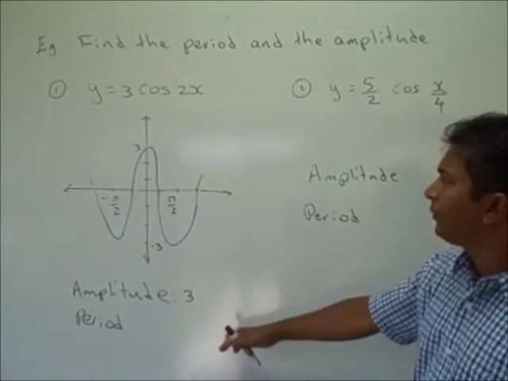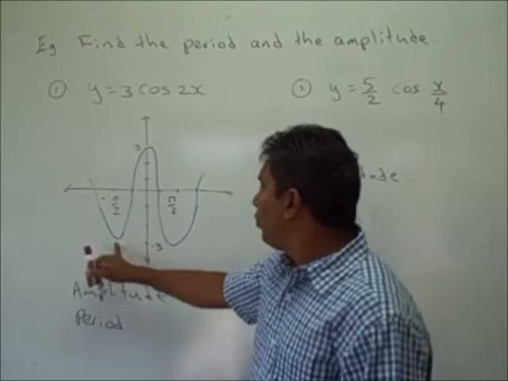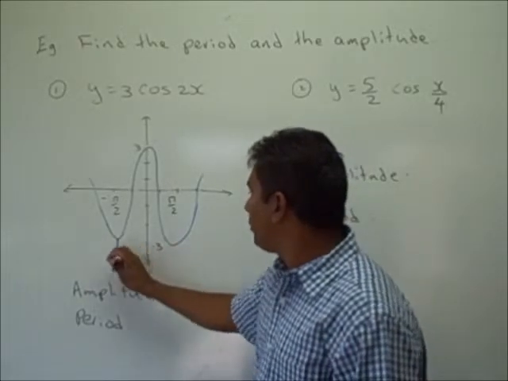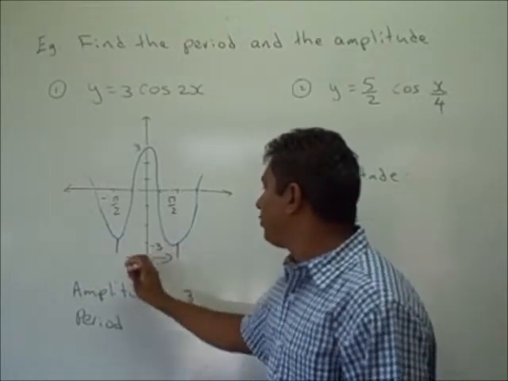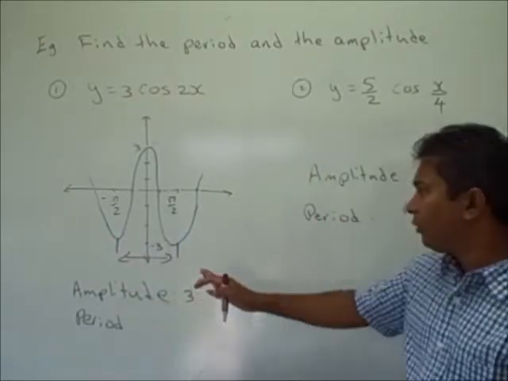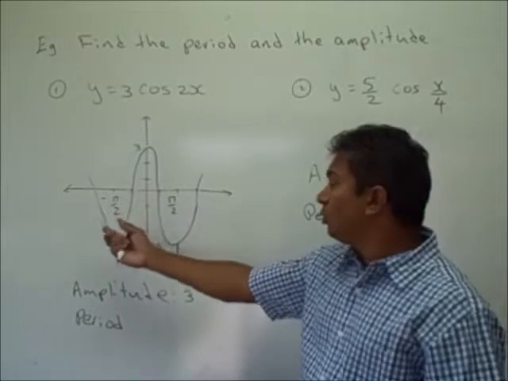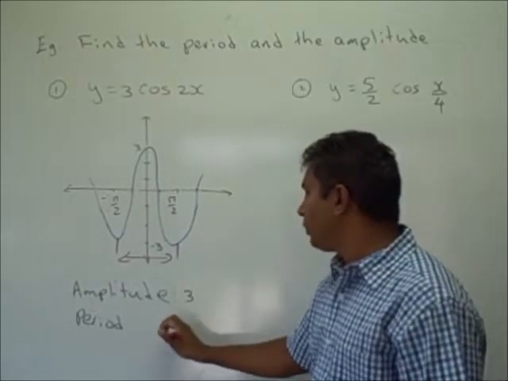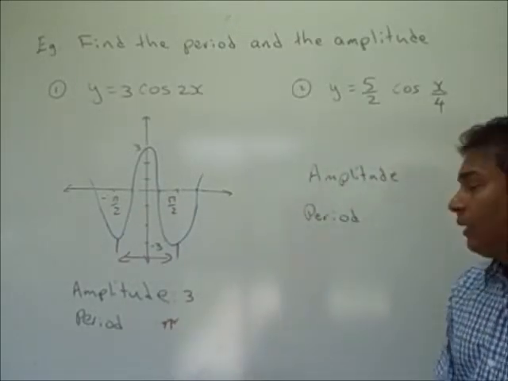The period is from one peak to the next. So from here to here would be our period for this graph. It goes from -pi/2 to pi/2. So that's pi/2 twice. So our period here would be pi.